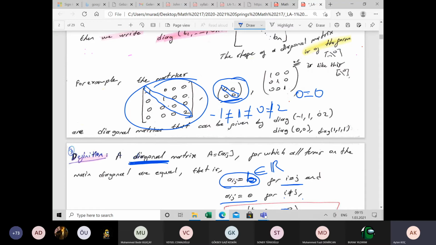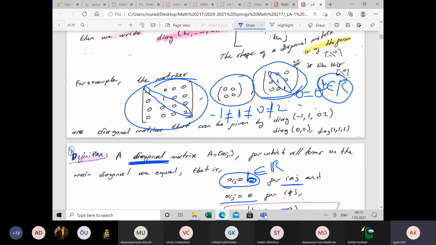The main diagonal entries are the same, so this is a scalar matrix: square, diagonal, and also scalar. Look at this one. This one is scalar, yes. What's the scalar here? 1. The main diagonal entries are 1, 1, 1. So this one is a scalar matrix.